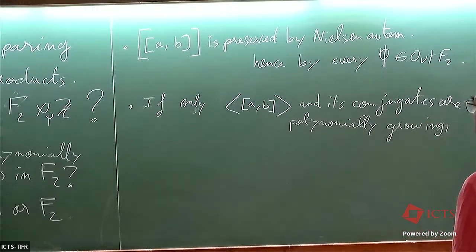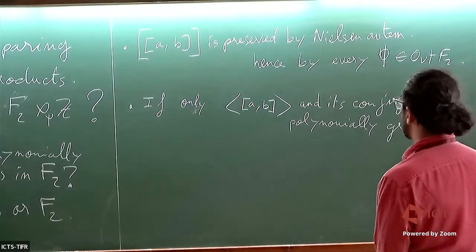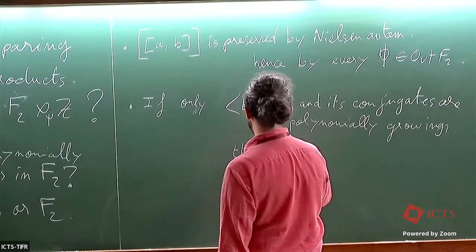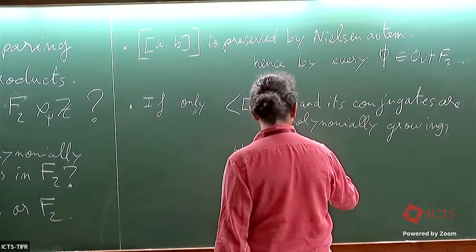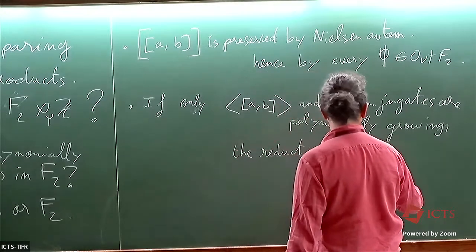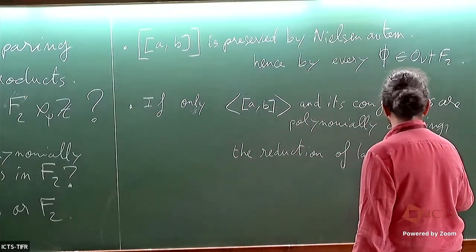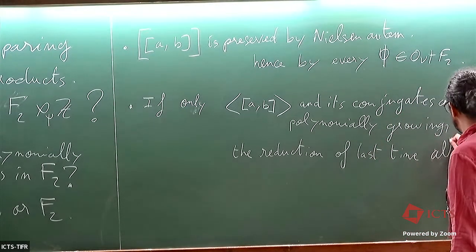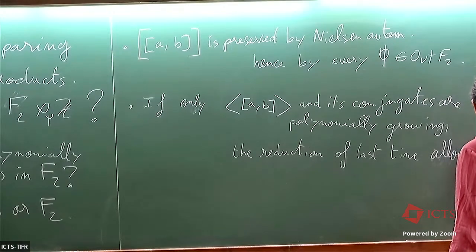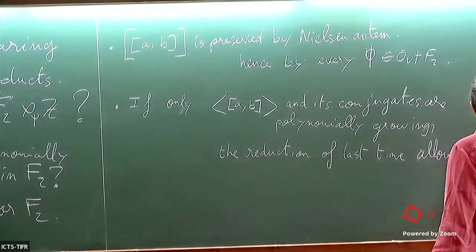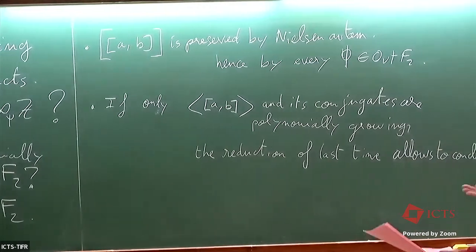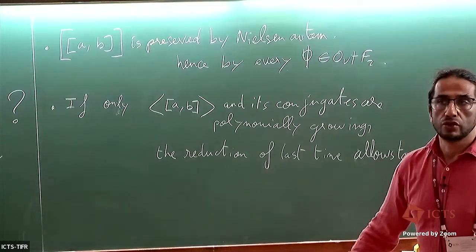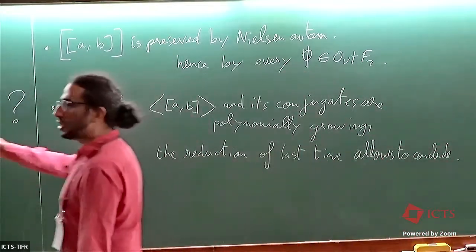When only this group and its conjugate are polynomially growing, the reduction of last time allows us to conclude. Meaning that if you give phi, the semi-direct product will be relatively hyperbolic.